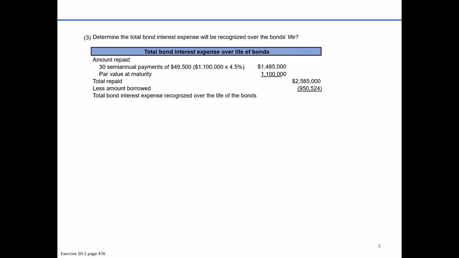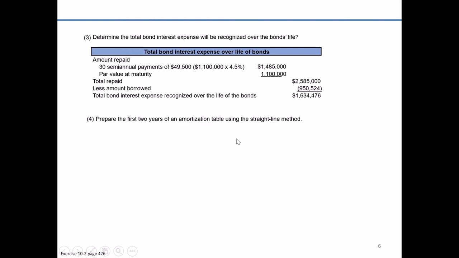And so over the life, we can say that comparing the amount they have to pay to the amount of cash they receive up front, the total cost or interest expense to be recognized over the life of the bonds is $1,634,476. So pretty hefty cost here.